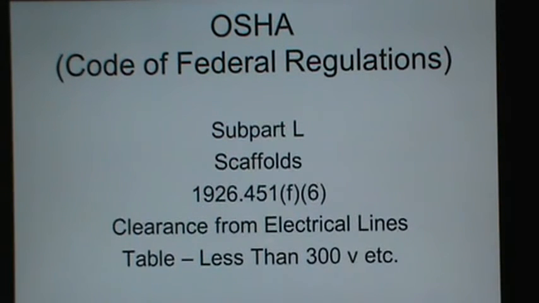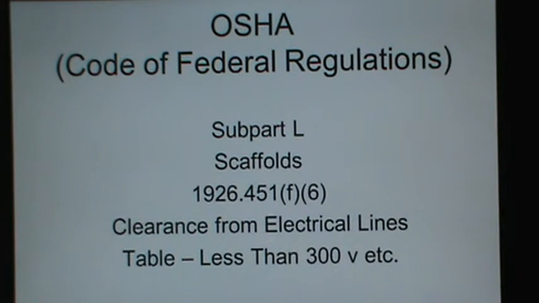Let's go to 451F6. This is a couple of pages forward, and in paragraph F6 there's a discussion. It's actually a table, but they don't call it a table. It tells you how far you have to be away from electrical lines with your scaffolding. They have one line that says it's 3 feet if it's less than 300 volts.